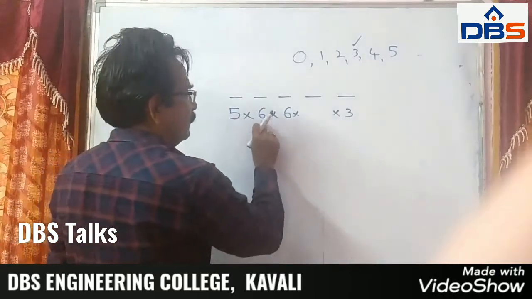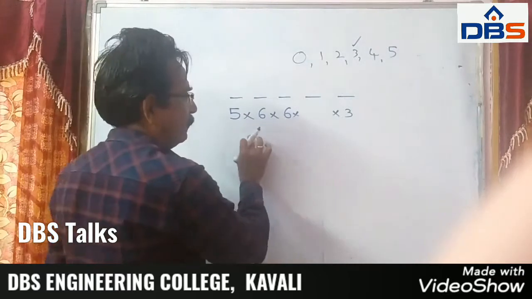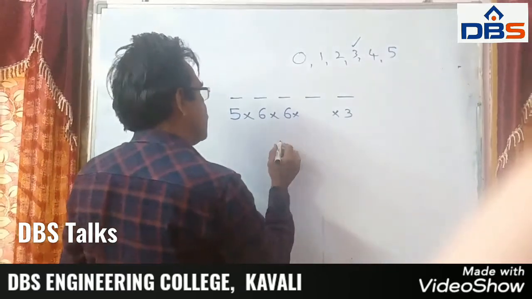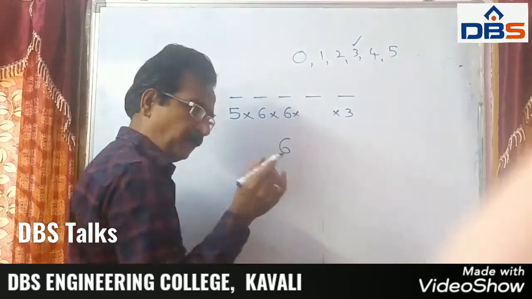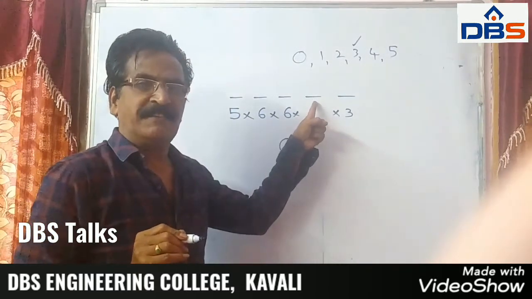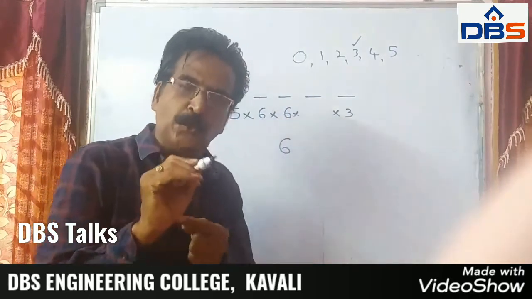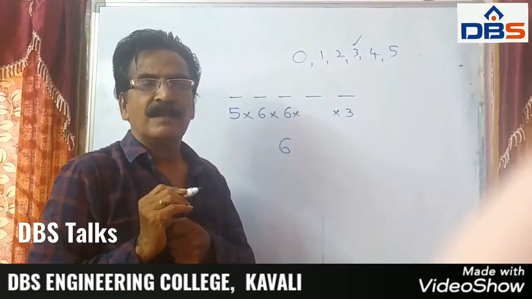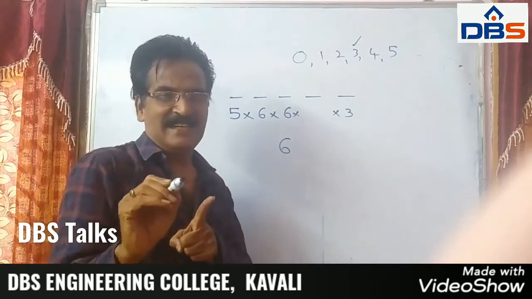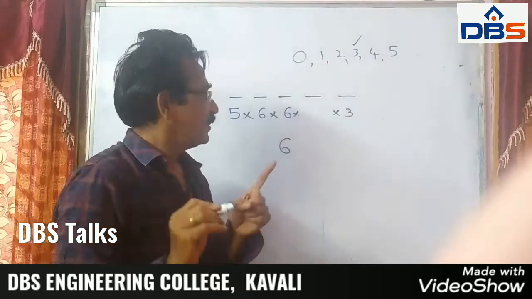Suppose the sum of these 4 blanks is, say, 6, a multiple of 3. So in how many ways can this blank be filled? Either you can put 0 or 3.